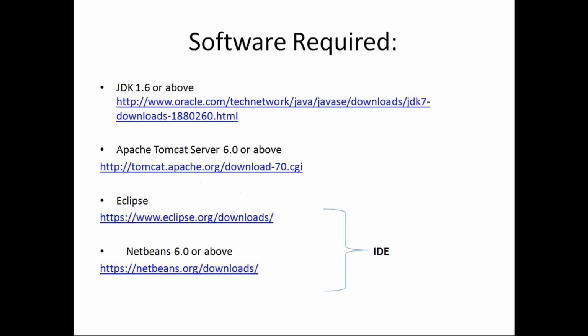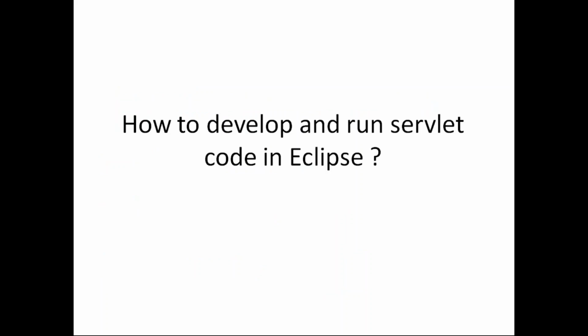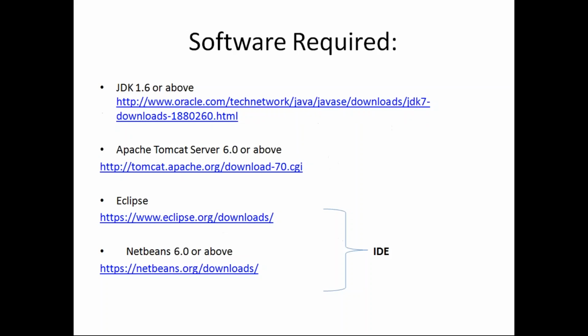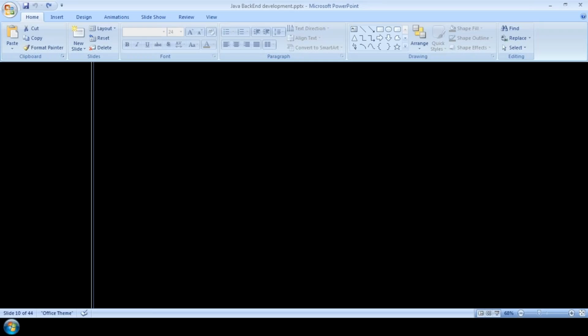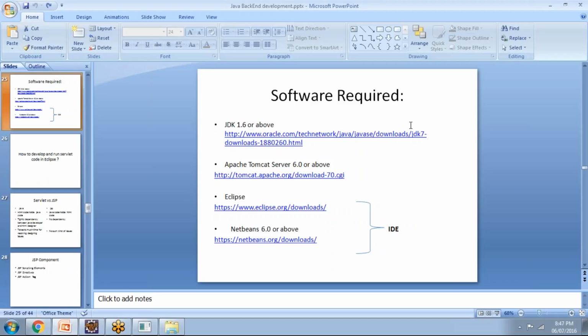Now this is the software which we require. JDK, obviously, must be required, and the Tomcat server, and in the IDE we can use Eclipse or NetBeans. Now, how to develop and run servlet code. I am creating a new project here.